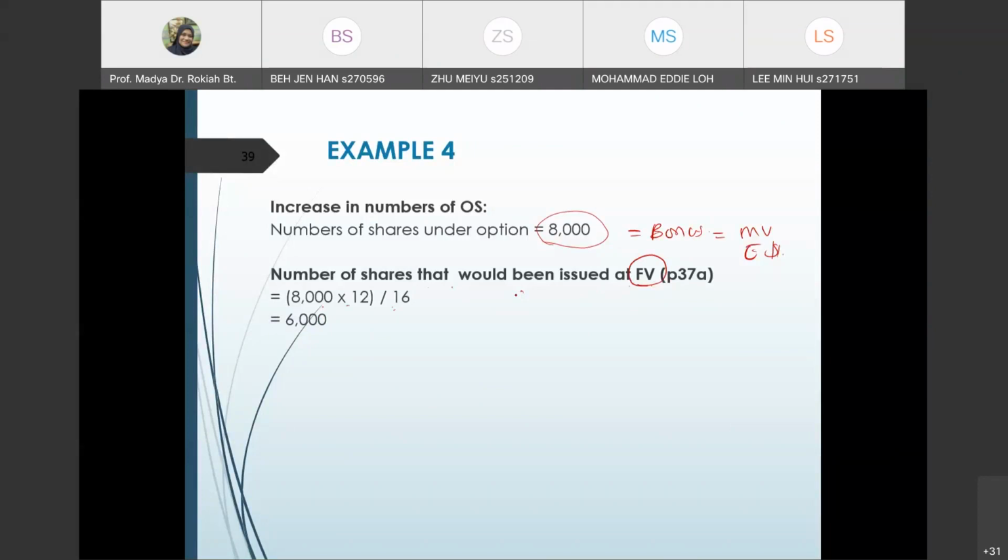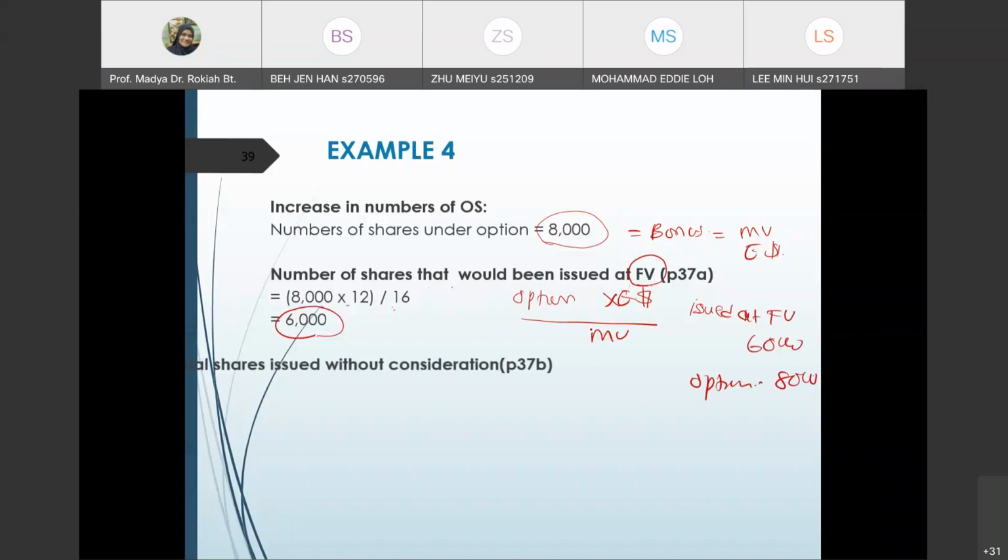So you're going to have 6,000. If you issue at fair value, we are only able to issue 6,000. But under the options, we issue 8,000. So the difference is the element of bonus.